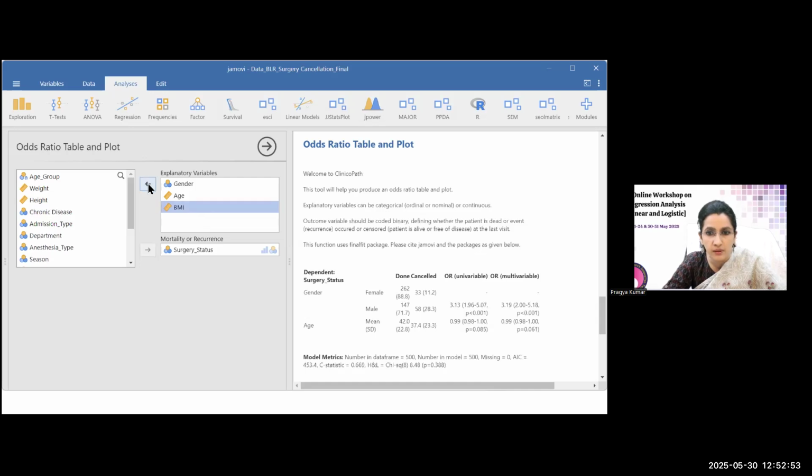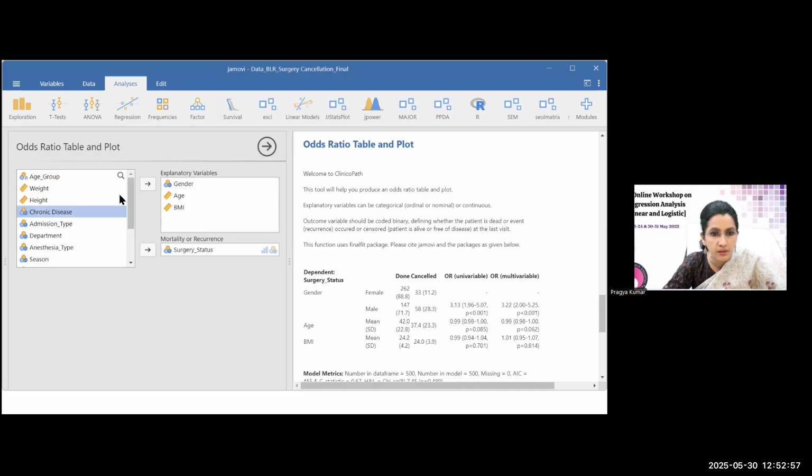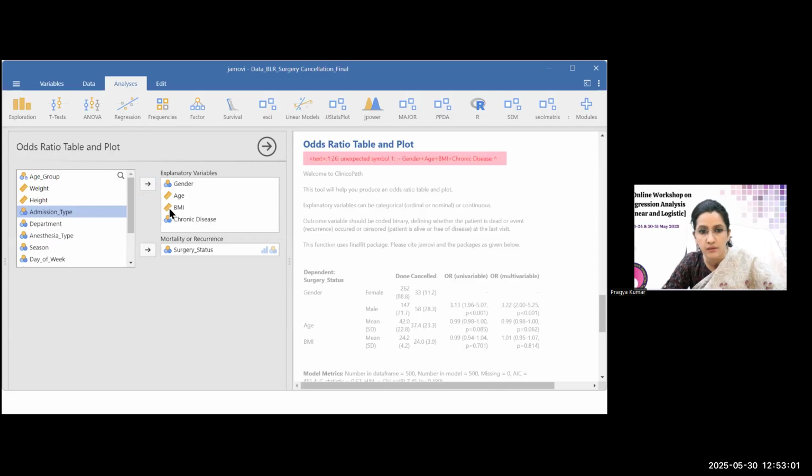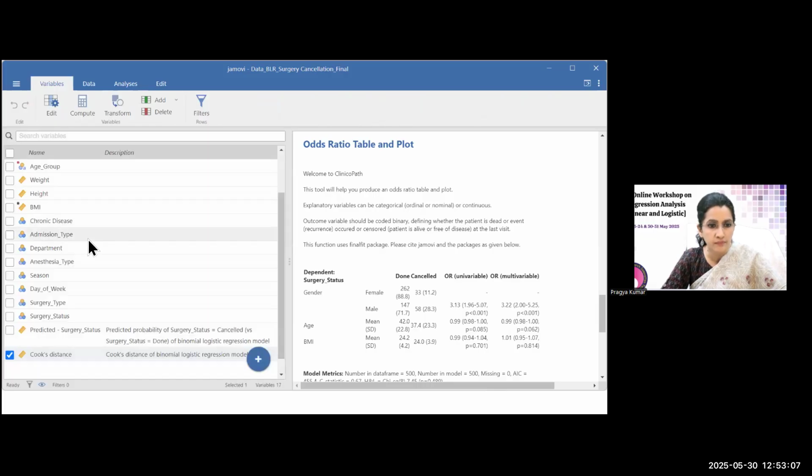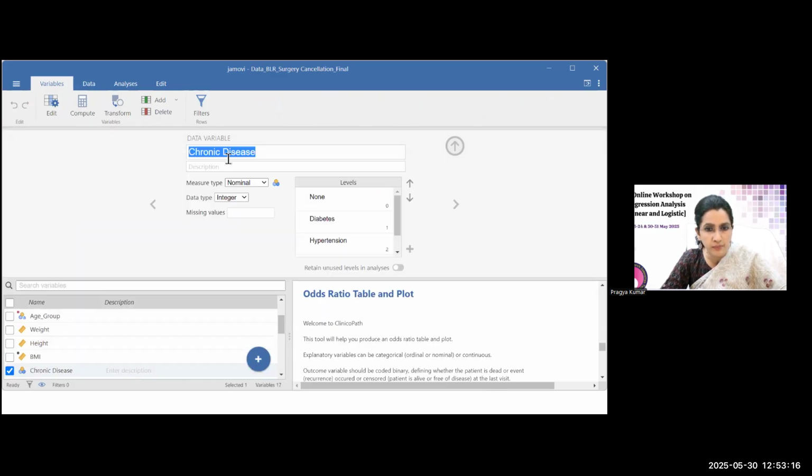Why is this not taking BMI, chronic disease? Let me see the variable chronic disease, why it is not taking. Sometimes it depends on how you define it. Let me put an underscore.